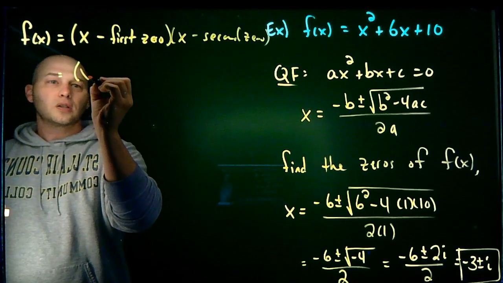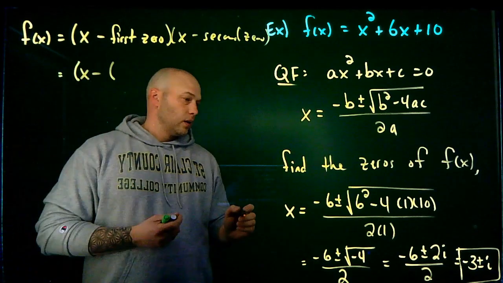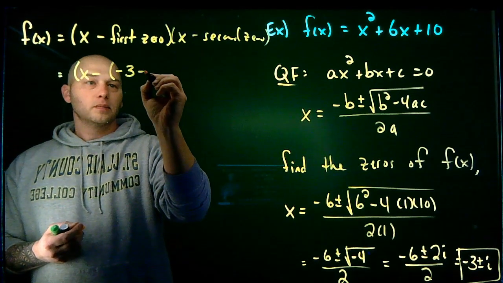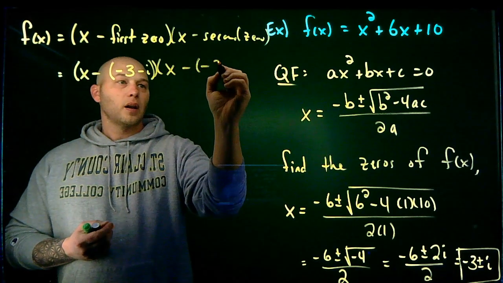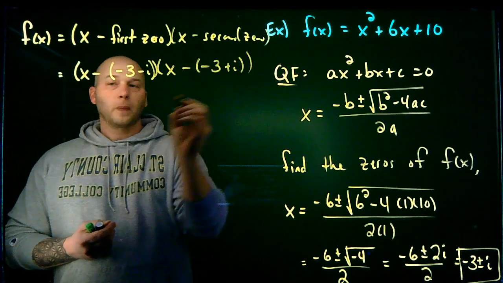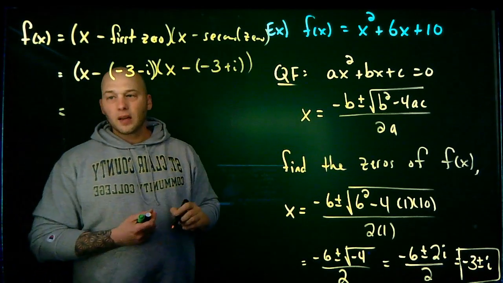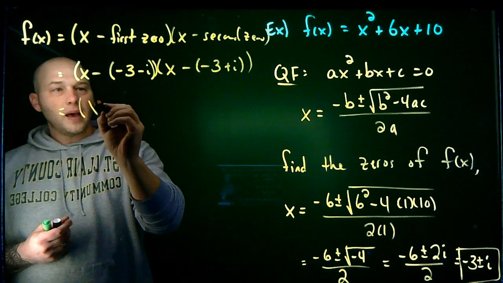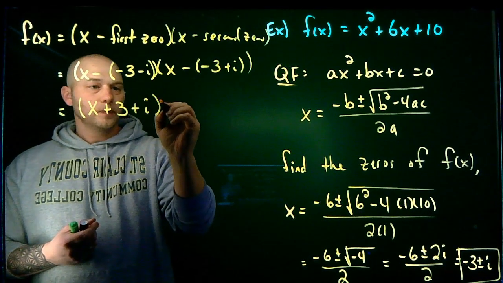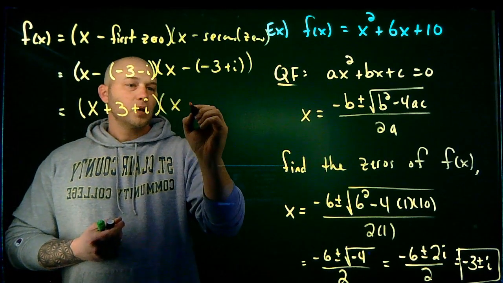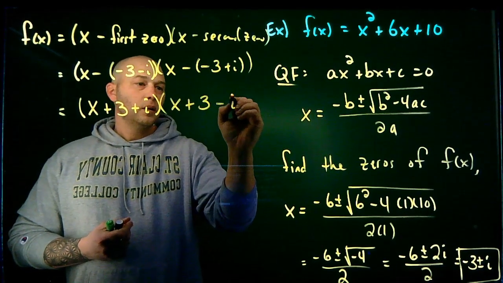Therefore I get x minus negative 3 minus i, times x minus negative 3 plus i. Let's distribute the negative through. That would give me x plus 3 plus i times x plus 3 minus i.